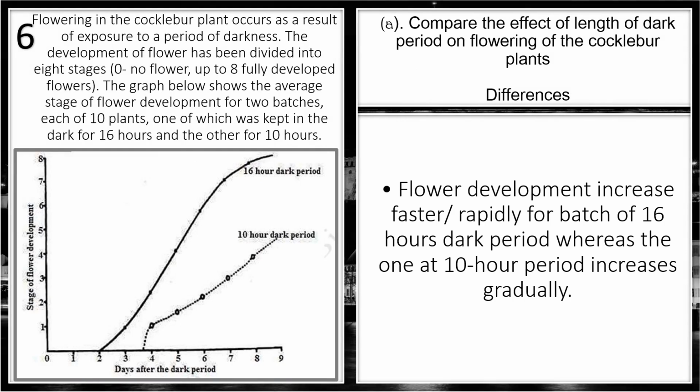Flower development increases faster and rapidly for the bunch of the 16-hour dark period, whereas the one at 10-hour period, it increases gradually.